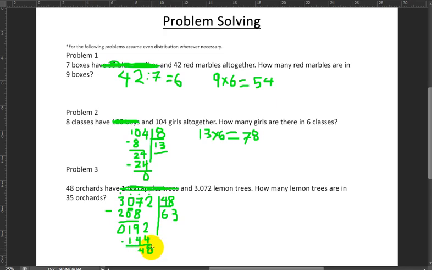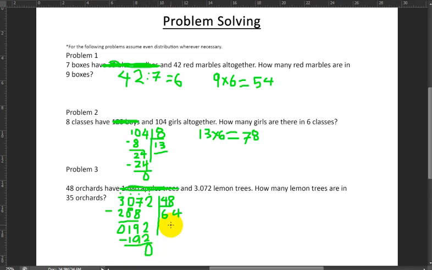And because that's equal to my divisor, 48, it means I've made a mistake. I need to go back, try one more. Instead of 3, try 4. And 4 times 48 will make exactly 192. If I do the subtraction, I'm going to get 0.